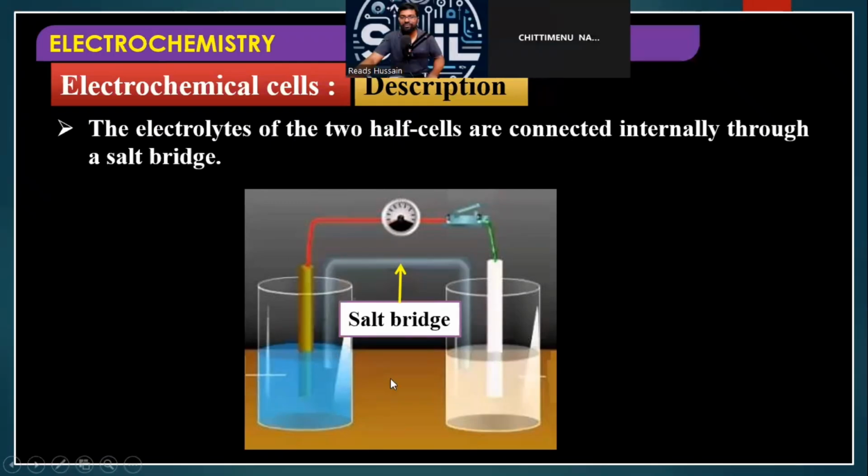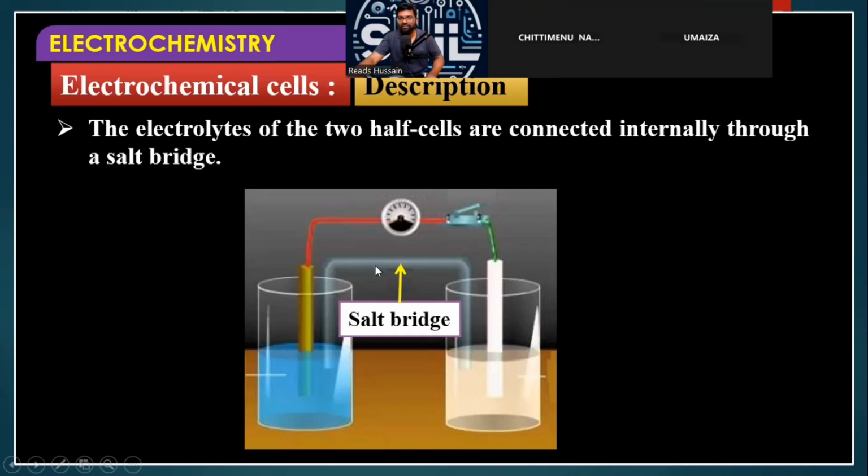So what things are there in this arrangement? We have taken two beakers. The first beaker is filled with zinc sulfate solution, and this one is a zinc rod. This is copper sulfate solution, and this one is a copper rod. These two solutions are connected with a U-shaped glass tube, called the salt bridge.